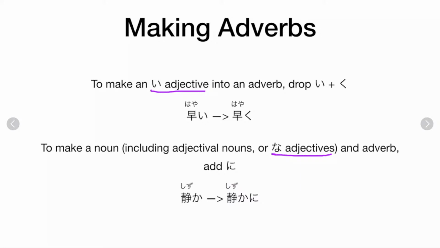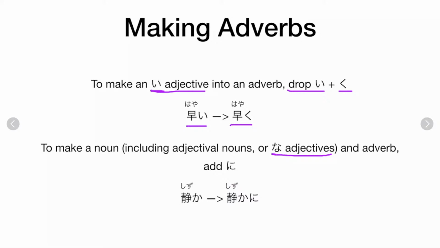In that case, we just have to modify the existing adjective to be in a form where it becomes an adverb. So for an adjective, right, a true adjective, because we know it ends in i, drop i, add ku. So hayai means fast, hayaku means fastly, right, or quickly. So if hayai is quick, hayaku is quickly.